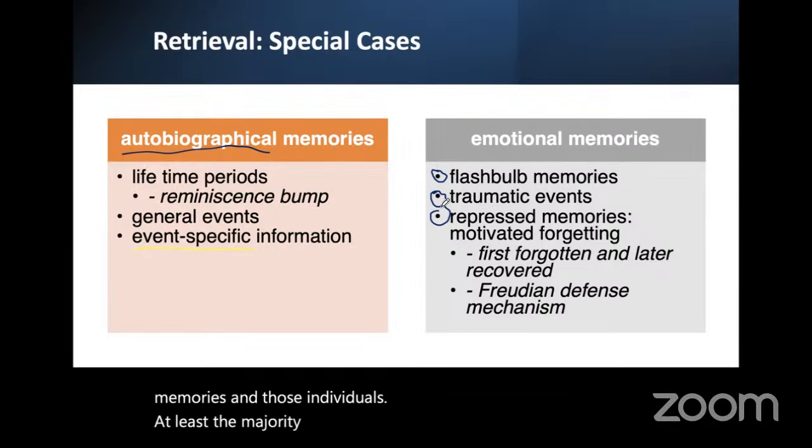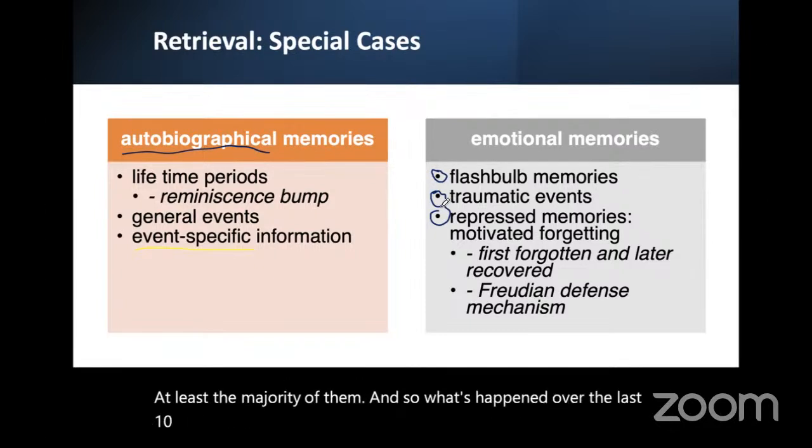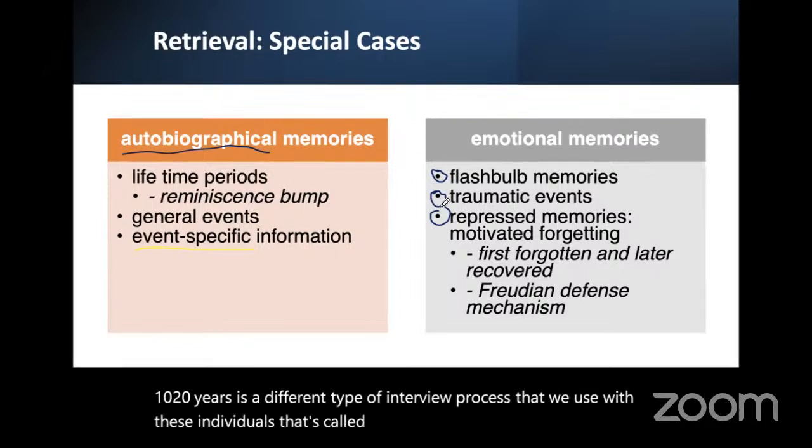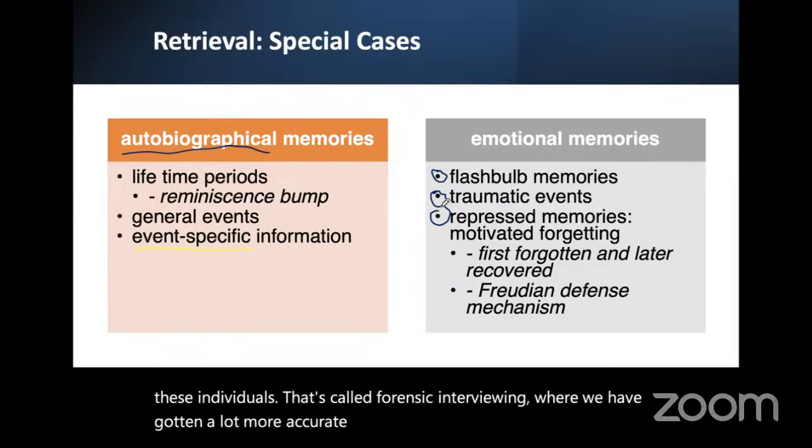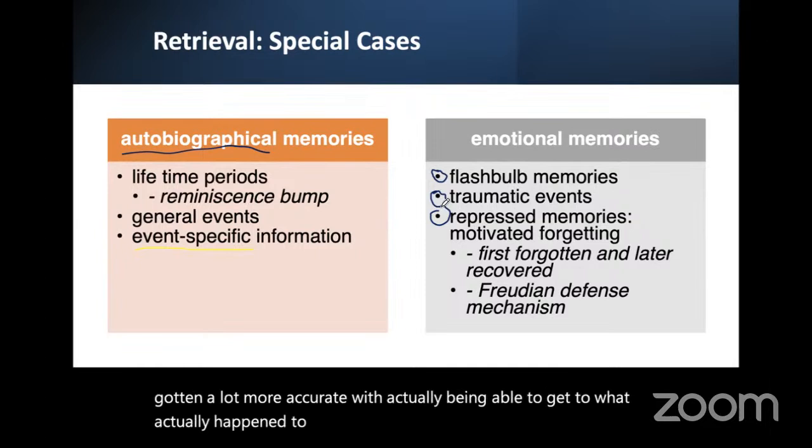And so what's happened over the last 10, 20 years is a different type of interview process that we use with these individuals. It's called forensic interviewing, where we have gotten a lot more accurate at getting to what actually happened, especially with children through adults.